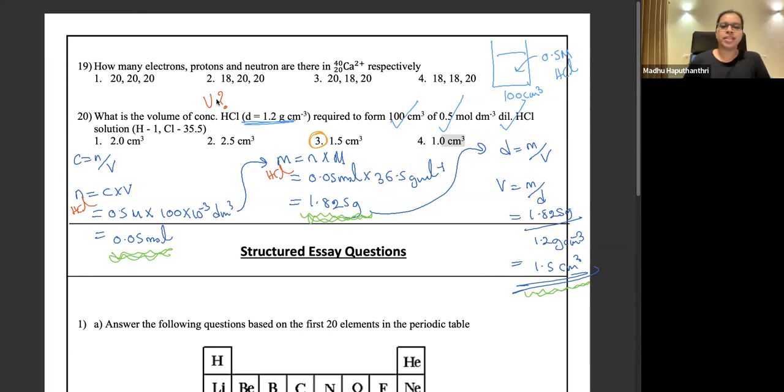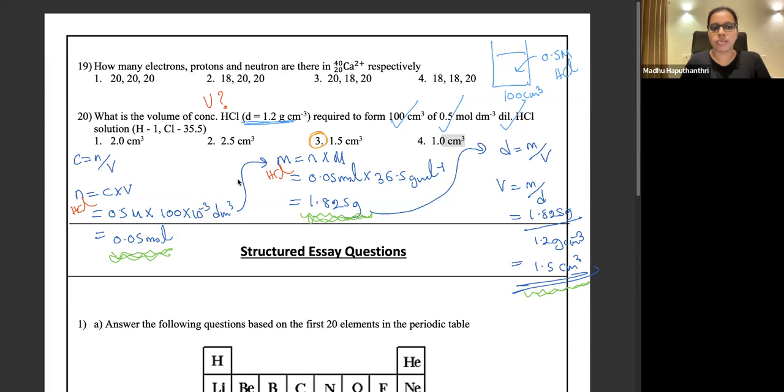So there's a question: when using the C equals N over V formula, why did you multiply with 10 to the power minus 3? There I said, if you multiply this by 10 to the power minus 3 or divide by 1000, maybe you are used to the other way around, you may be dividing this by 1000.